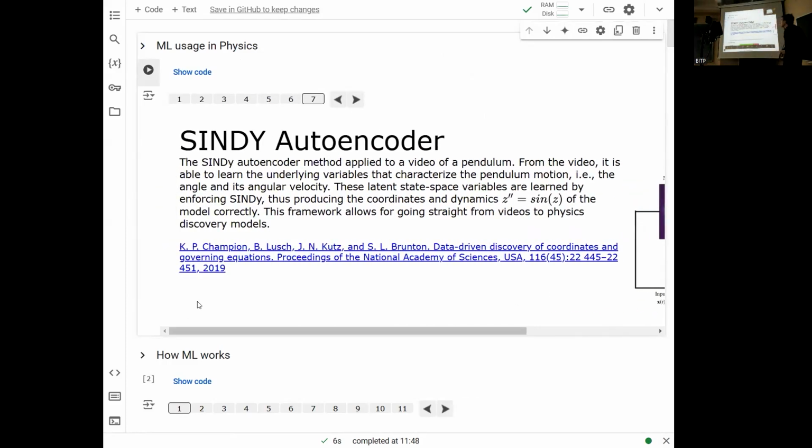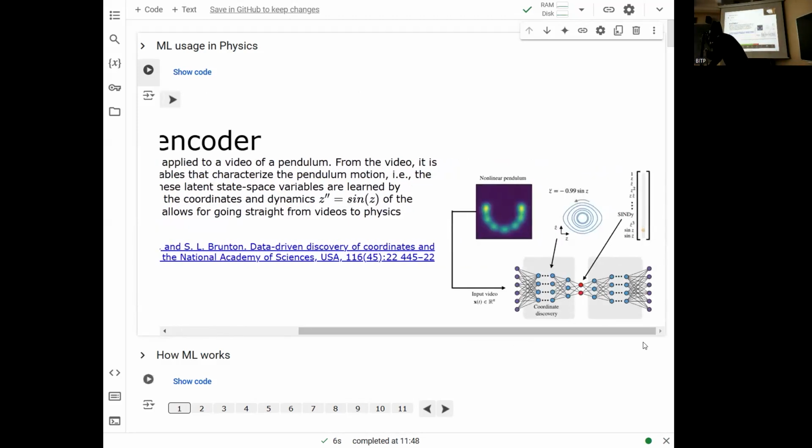One more example is a more recent work from, I guess, 2019, the so-called SINDy autoencoders. This is a very interesting topic as well. For example, this one takes a video sequence, and we show the neural network a pendulum just swinging here and there.